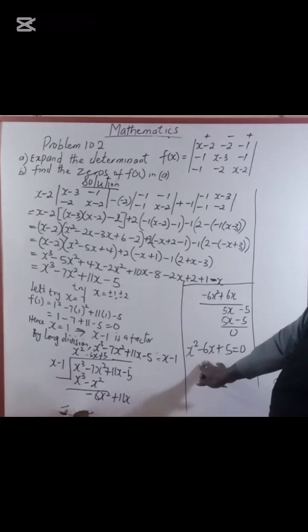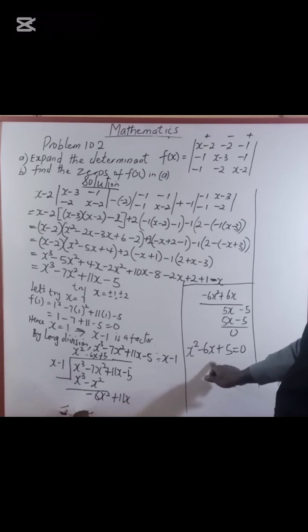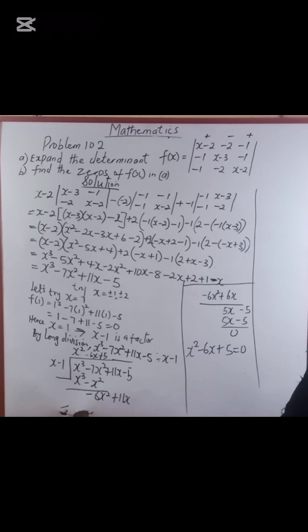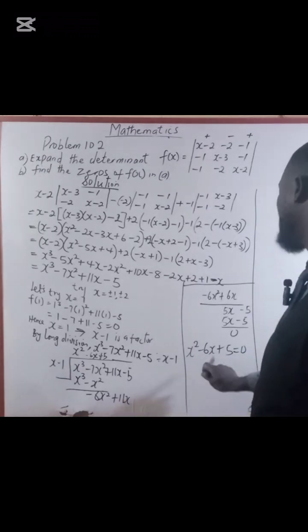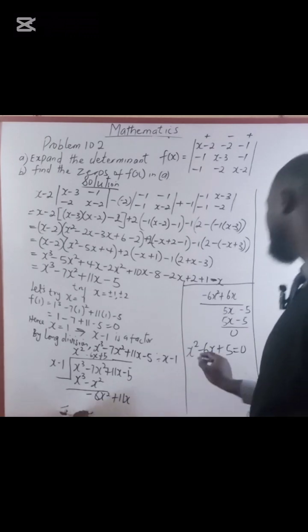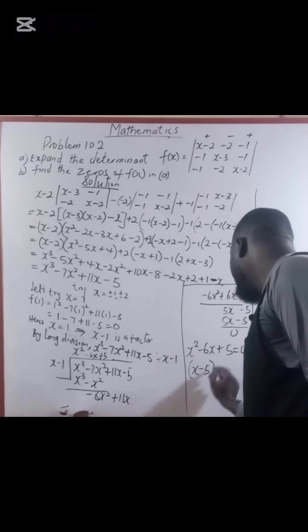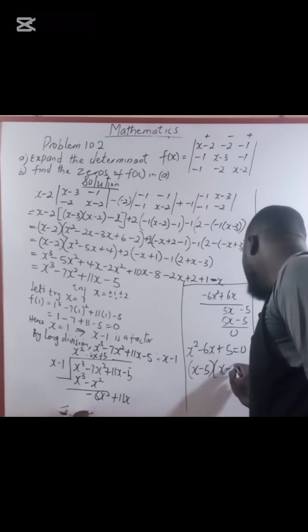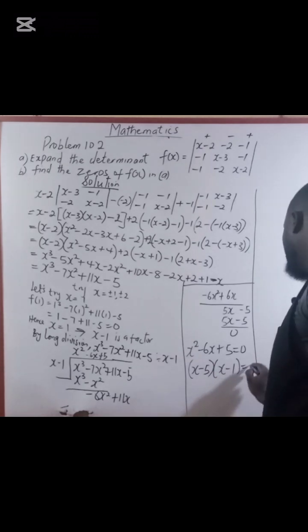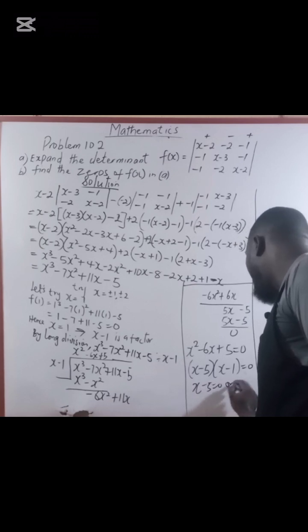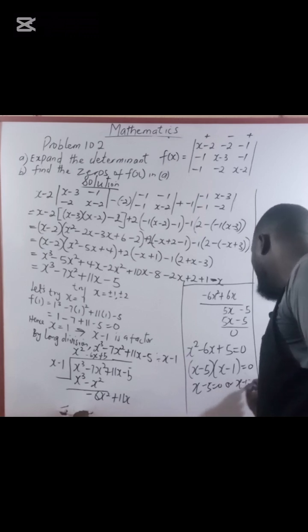So what we do next is to factorize x squared minus 6x plus 5 equal to 0. So what are the factors that we need here? Minus 5 and minus 1, just a very simple factor. Minus 5 and minus 1 will give us minus 6x. So the factors now will be (x minus 5)(x minus 1) equal to 0. That implies x minus 5 equal to 0, or x minus 1 equal to 0.